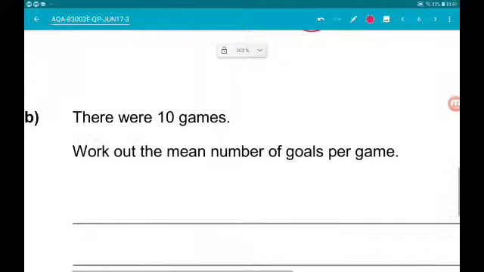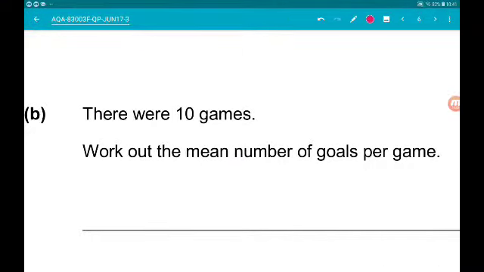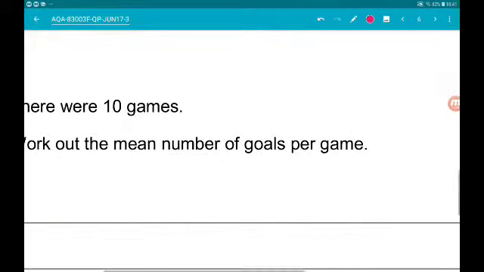Okay, then part B, we're told there were 10 games. Work out the mean number of goals per game.